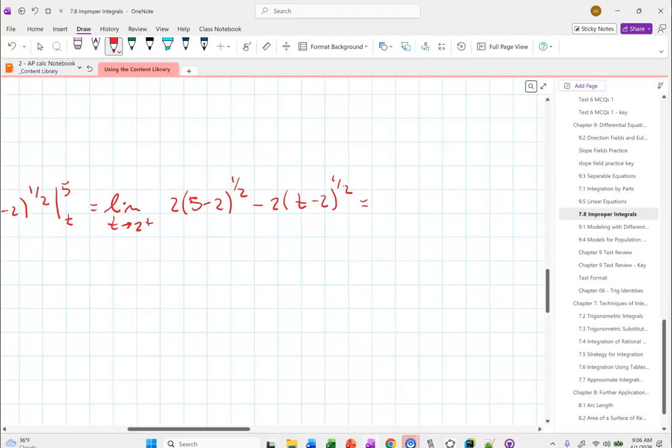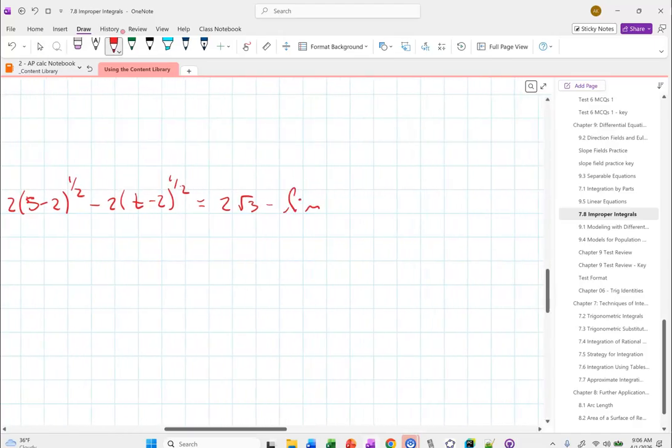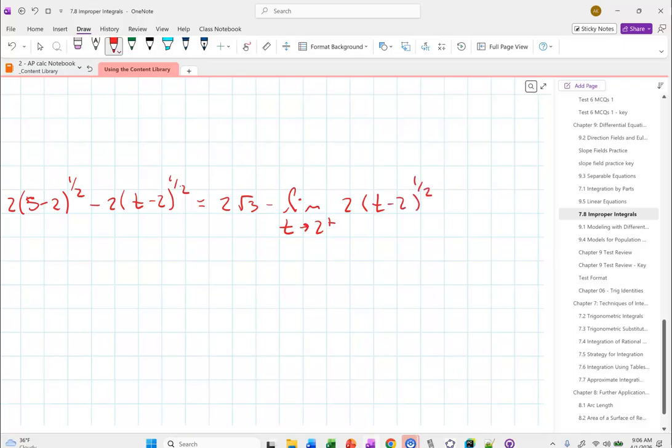So that's going to be 2 square root 3 minus the limit as t approaches 2 from the right of 2 times that. How do I do that limit? Just a direct substitution, right?